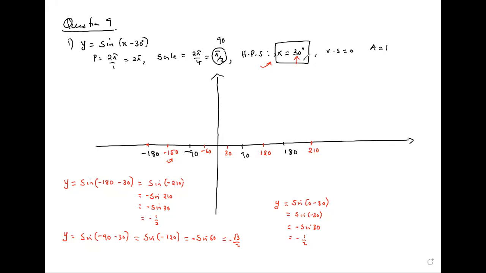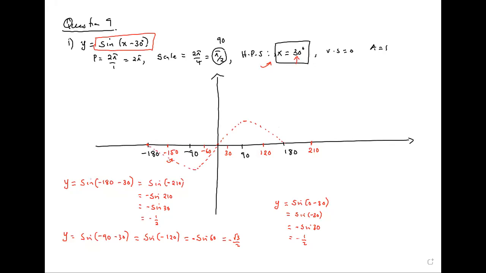So look, me, I don't like calculating these values. So what I'll do is, since we have sine here, the graph of sine in the normal sense must go this way. Come down up to there. Go up to there.